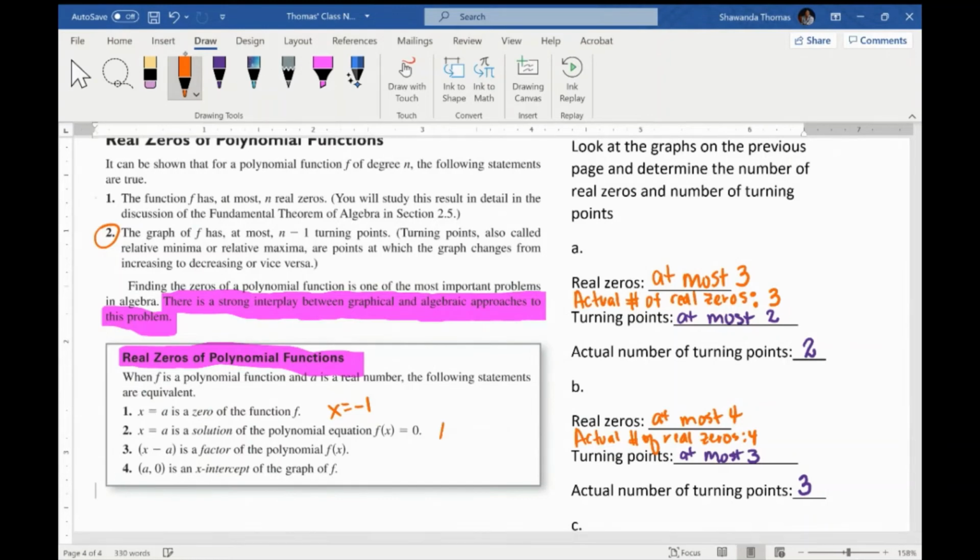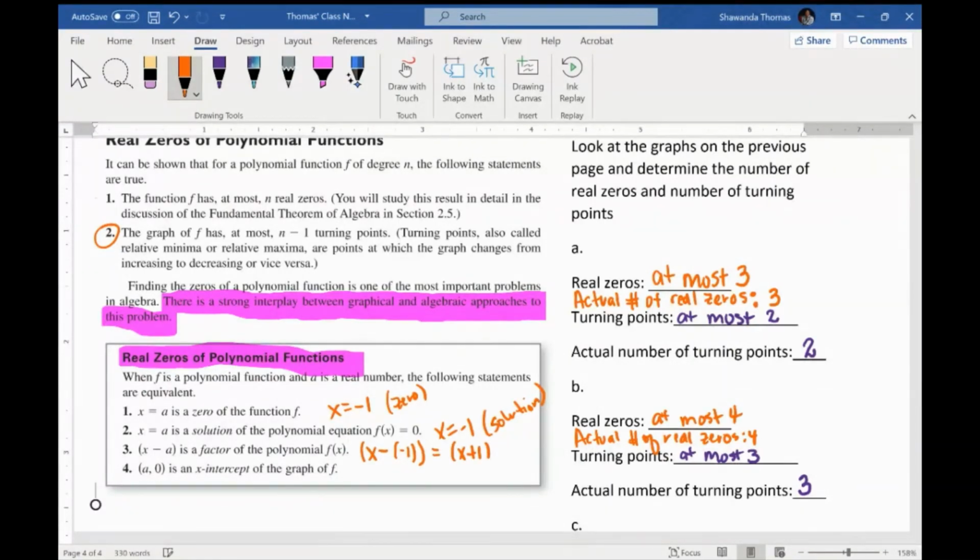Isn't that also called a solution, for number 2? Then we solve the equation. So statement number 2 was x equals a is a solution. Number 3, x minus a is a factor. Wasn't it x minus -1, which equals x plus 1?